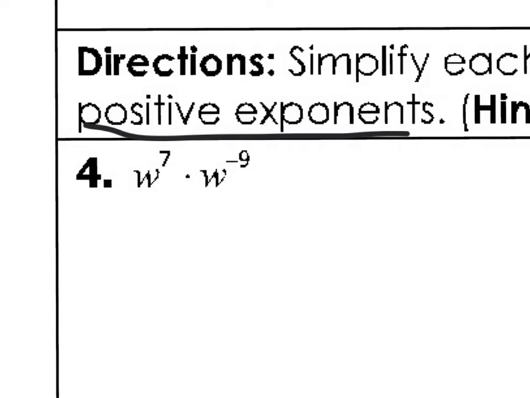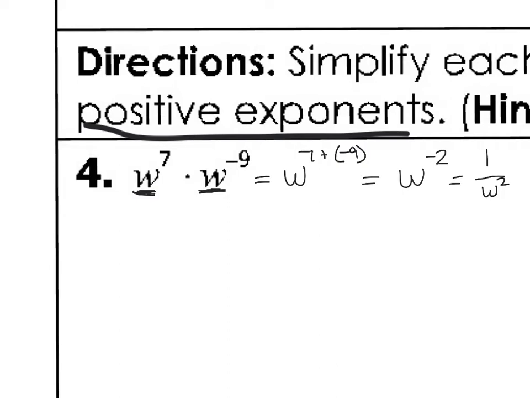All right, so here we're multiplying powers. The product rule is for multiplying, right? Same base, so we're adding the exponents. We're adding 7 plus -9, so that equals w to the -2. Now we're going to flip it. What happens if I flip it first?